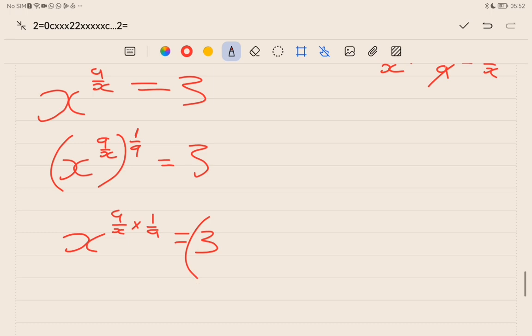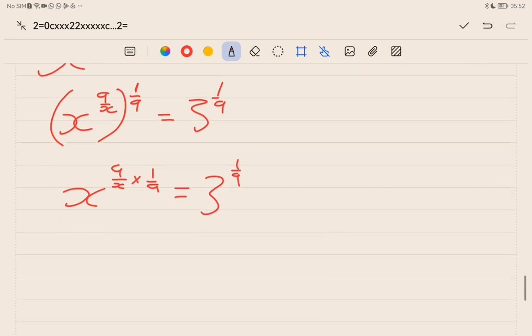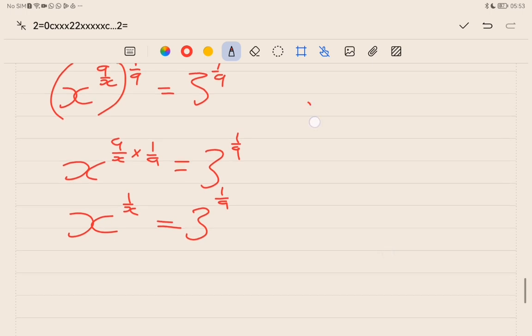What you do on the left hand side you must do on the right hand side, so don't ever make this mistake again. This side you remain with 3, then 1 over 9 here.